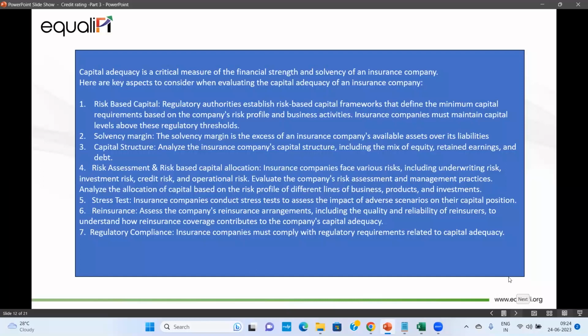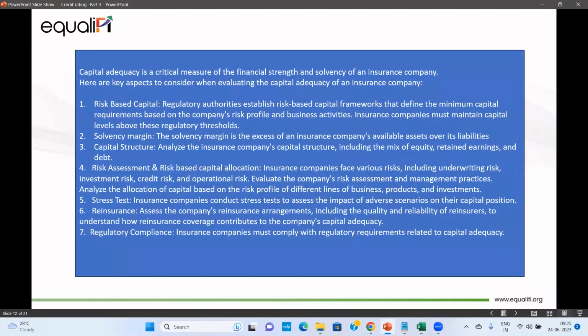Solvency margin is the excess of an insurance company's available assets over its liabilities. Capital structure is the insurance company's mix of equity and retained earnings. That is also something you will look at while rating an insurance company.